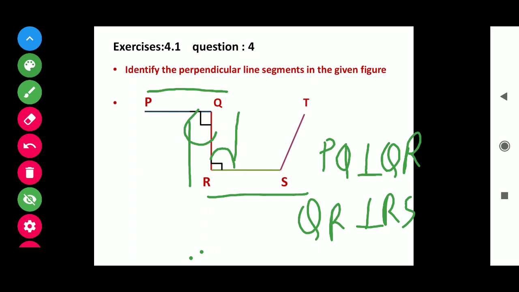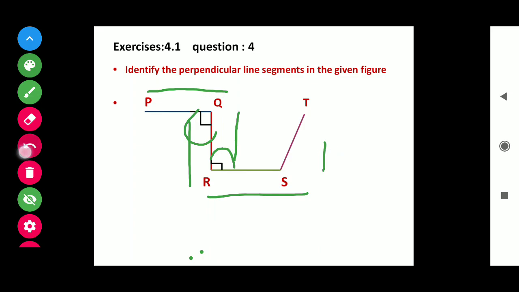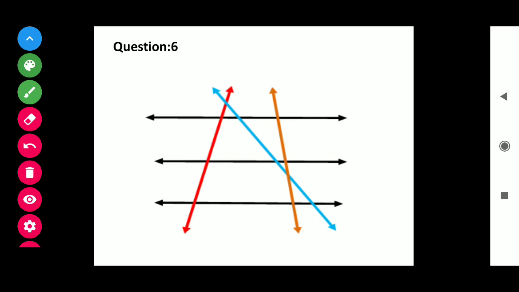Okay, my next sum is like that. Here is question number 6, which I am going to discuss with you, and some questions are given after this slide.